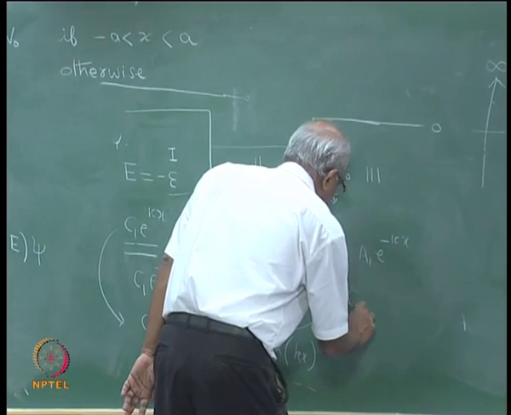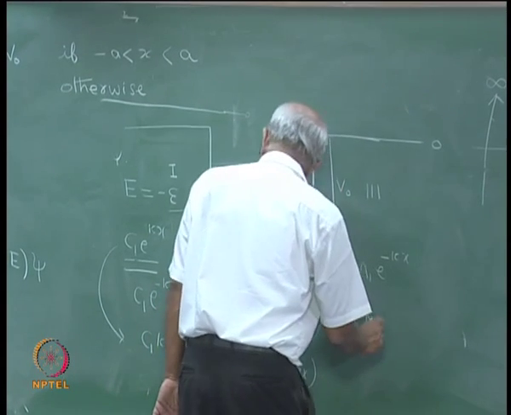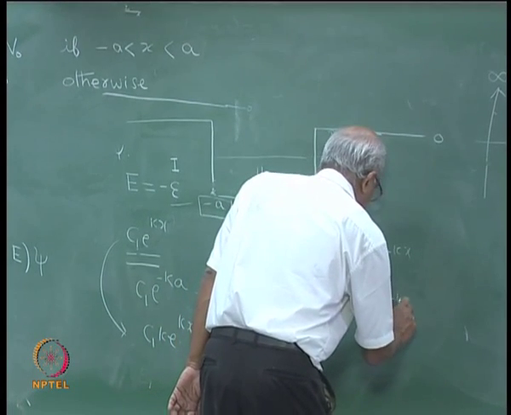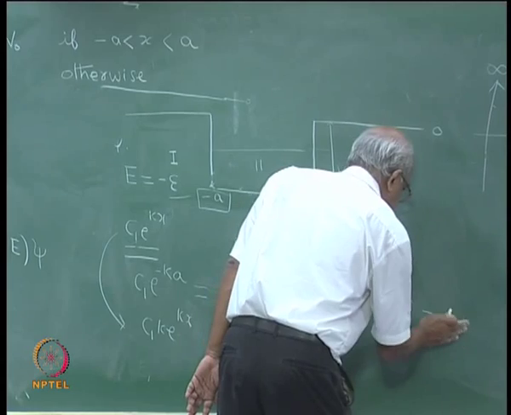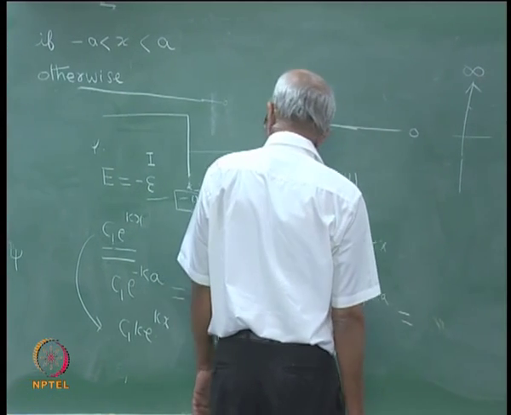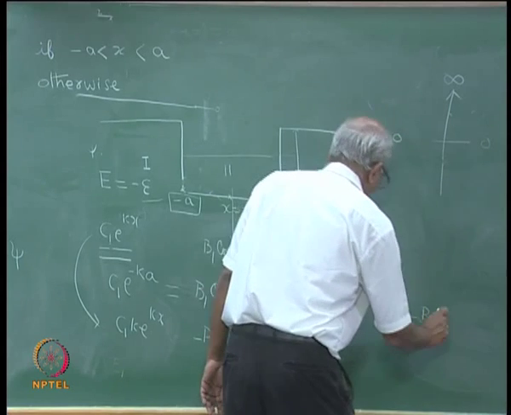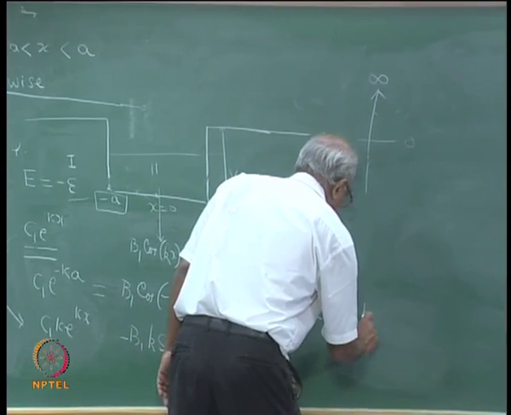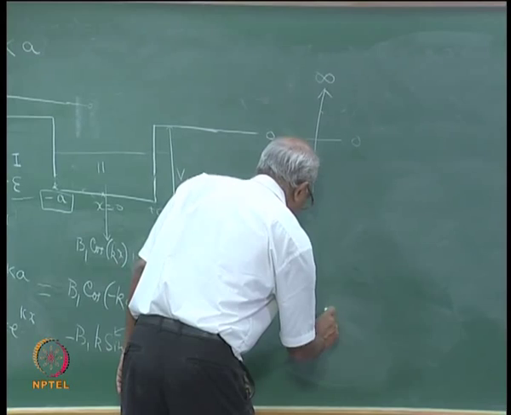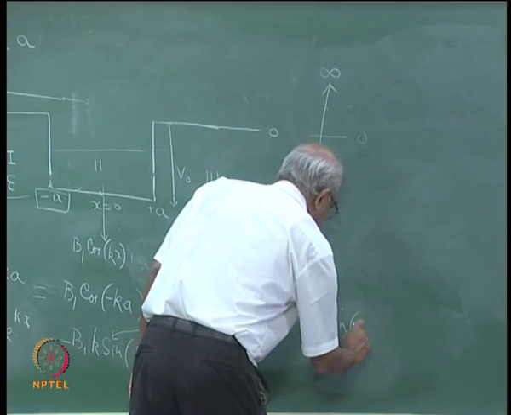What is the answer that you get? You get C1 kappa e to the power of minus kappa a is equal to minus B1 k sin minus Ka.